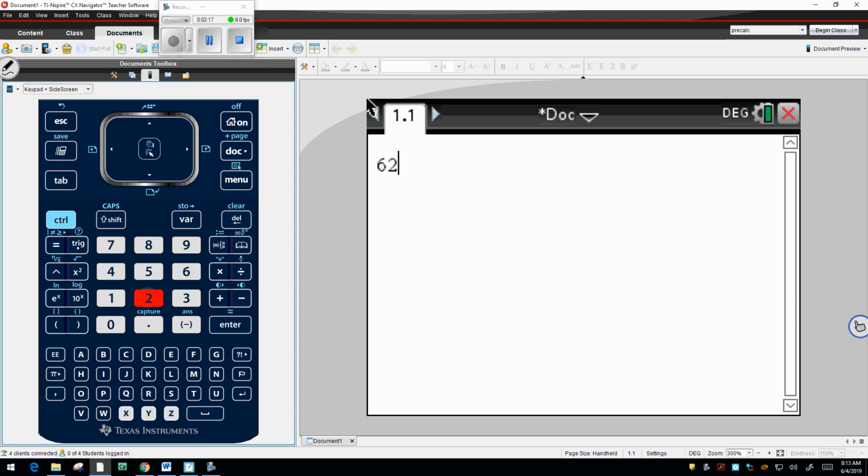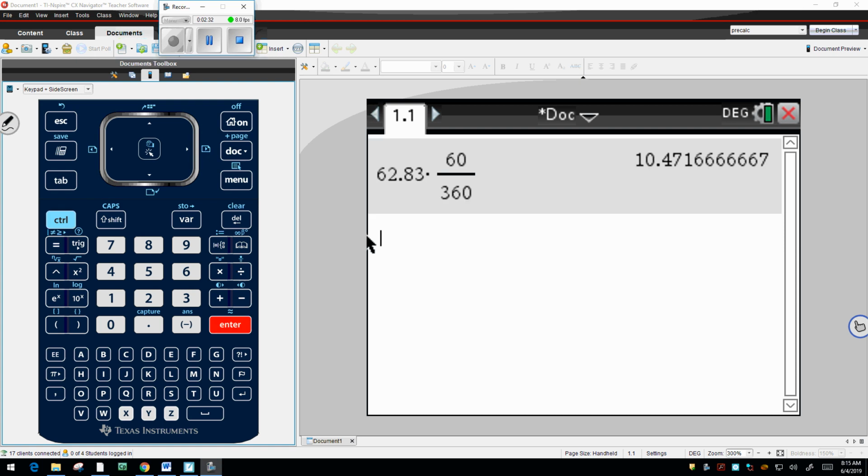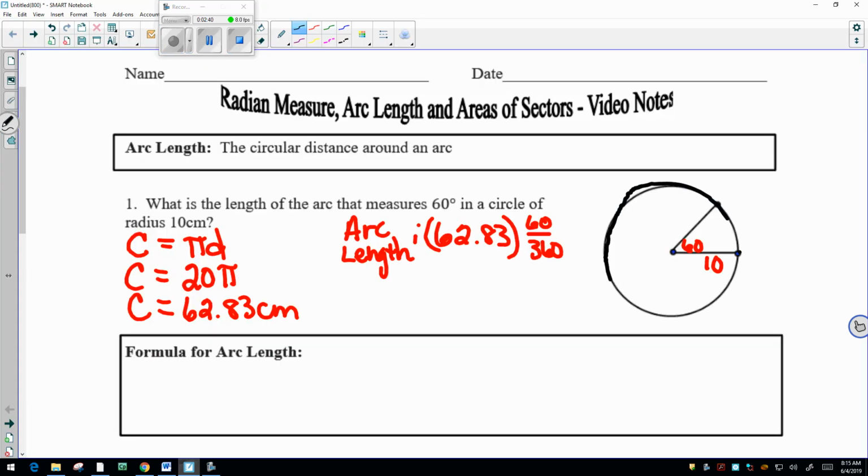So we type 62.83, then get our fraction template, type in 60 over 360, and we get somewhere around 10.47. So our final arc length here is about 10.47 centimeters. The distance going from here to here is about 10.47 centimeters.